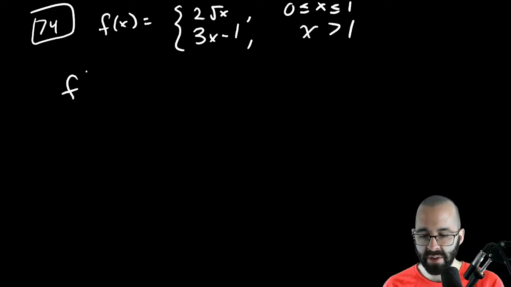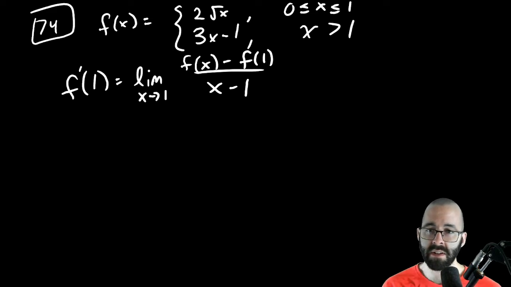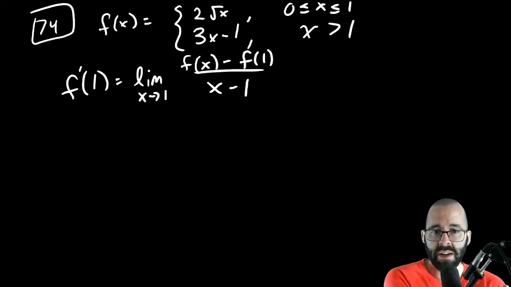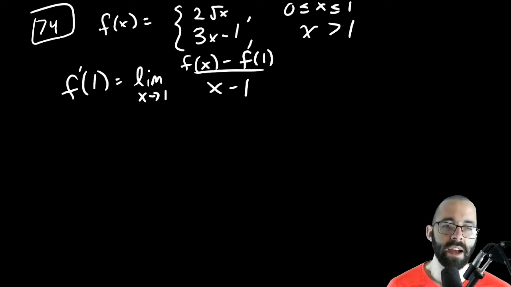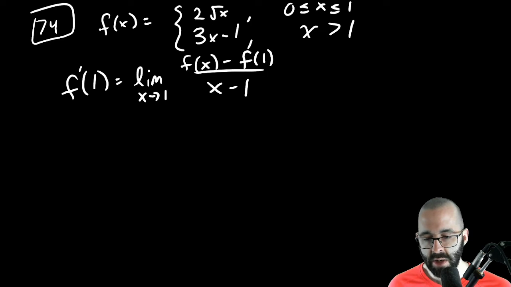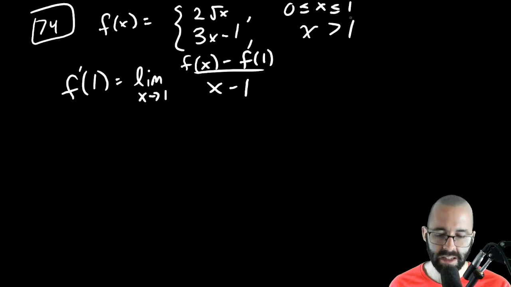The definition of the derivative, f prime at 1, is the limit as x approaches 1 of f of x minus f of 1 divided by x minus 1. This is one definition. Remember, there were 2 definitions that we looked at in section 3.1. We can also use the definition with h's if you'd like. But to find this limit as x approaches 1, I think this is a little easier to see here than the h definition, but both are fine.